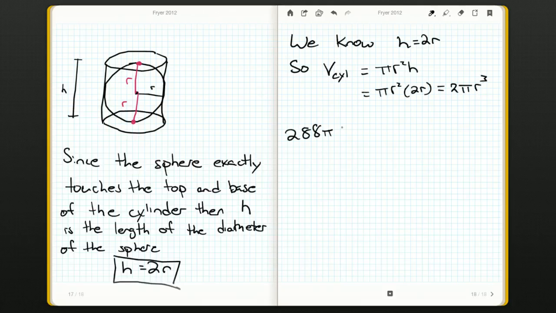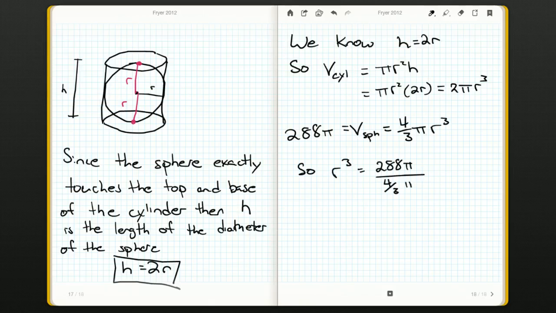Well, we know that 288 pi is the volume of the sphere. And we know that the volume of the sphere, in terms of the radius, is 4/3 pi r cubed. So then r cubed is going to be 288 pi divided by 4/3 pi.